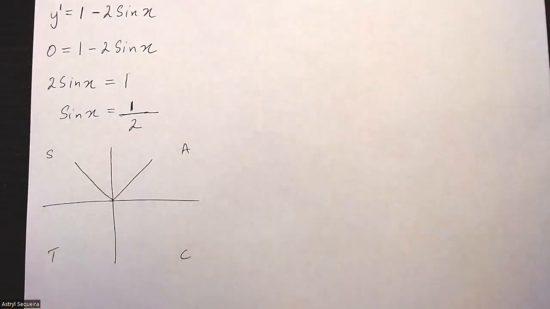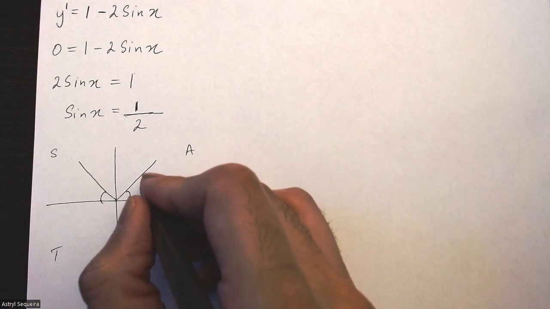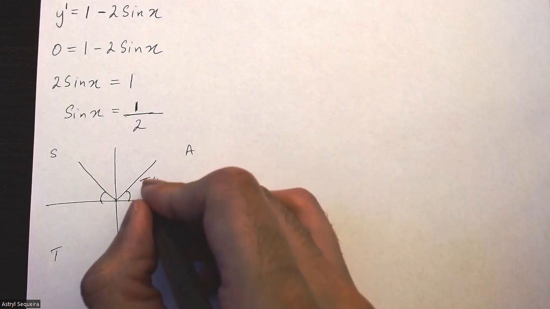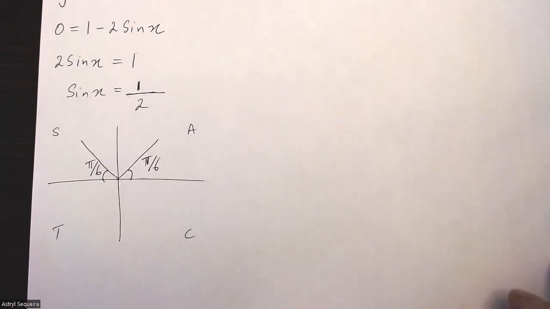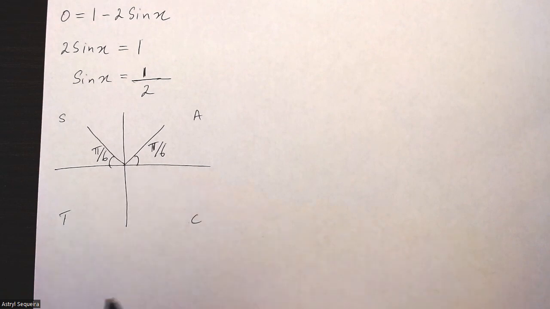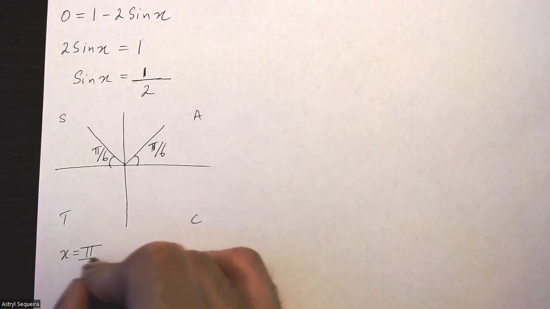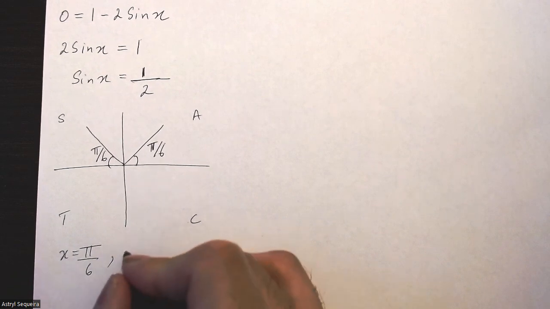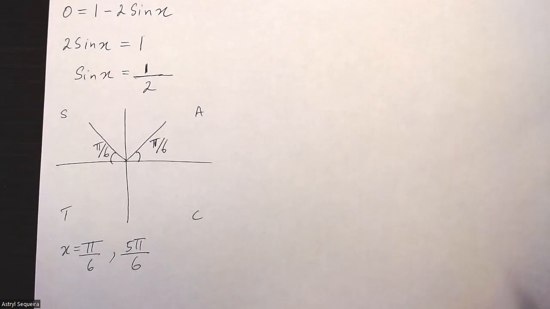And then using your special triangles or your calculator, you can do the sine inverse of 1 over 2 to give you the acute angle, which is just pi over 6. I'm not going to explain that in detail because you technically should know that from advanced functions. So I have two possible solutions over here: x equals pi over 6 and 5 pi over 6.